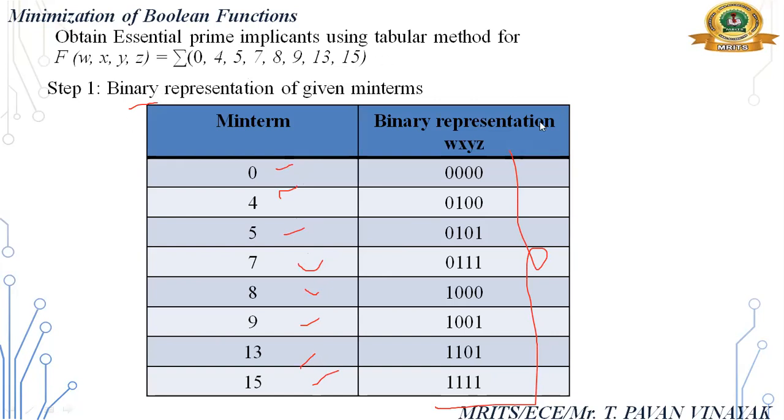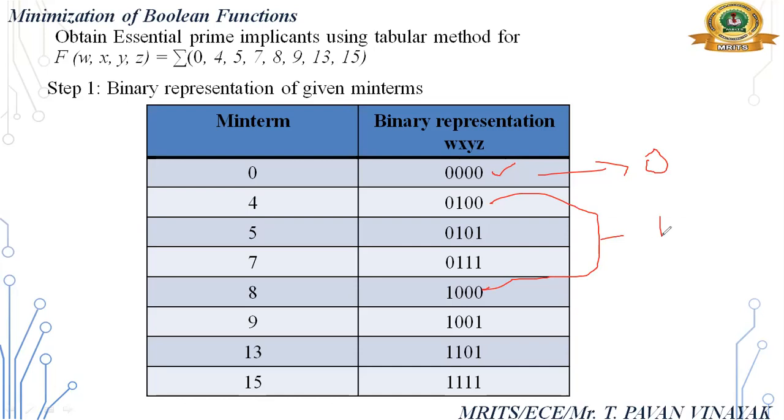Next, second step: create another table by grouping according to the number of ones. Here the number of ones in 0 is 0, so it is index 0. Next, 4 and 8: observe 4 and 8 have a single one, so it is index 1.